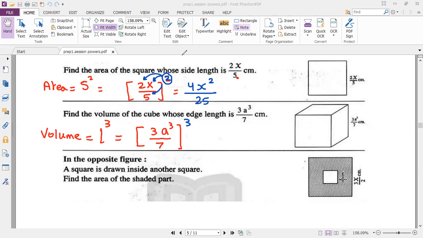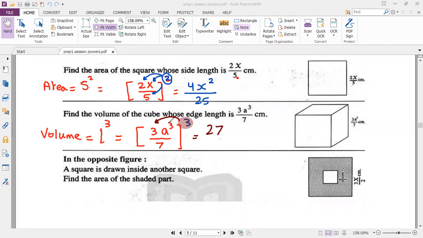This power here is distributed on the top and the bottom. So it's 3 raised to the power of 3. It's not 3 times 3, it's 3 raised to the power of 3: 3 multiplied by itself, how many times? 3 times. 3 times 3 times 3 equals 27.